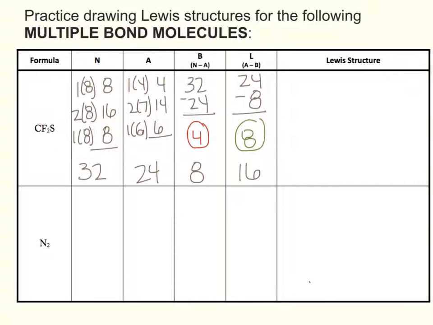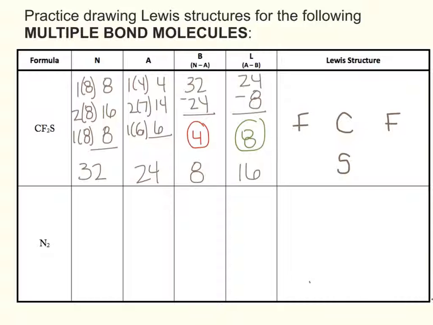Now, looking at the structure of this molecule, we see that carbon is present, and remember that we said whenever carbon is present, it will always be the center atom. There are 2 F's and an S, and we want to try for symmetry. So we'll put our F's on the left and the right, and our sulfur at the bottom. The bonds, we said we needed 4 bonds.